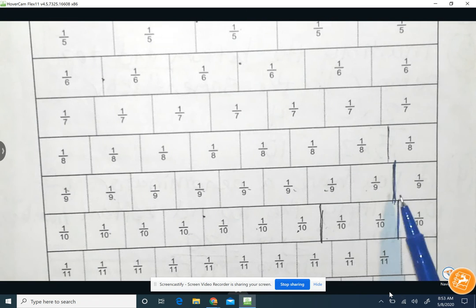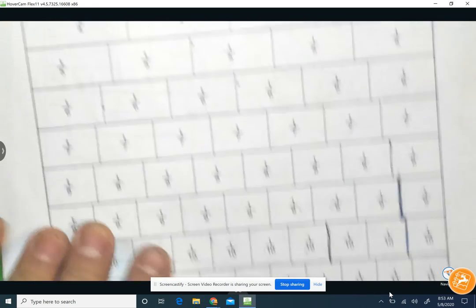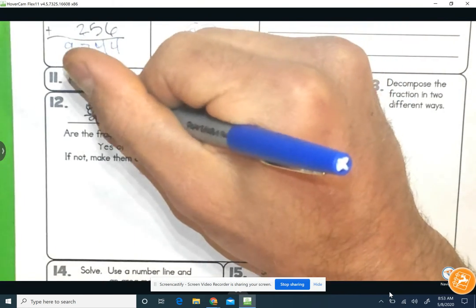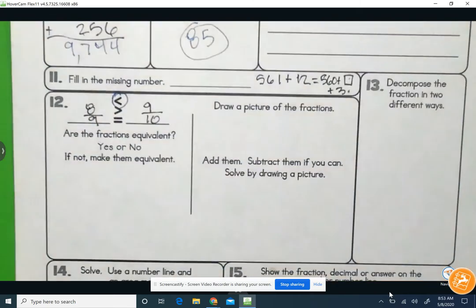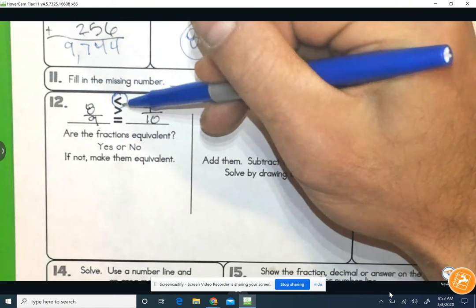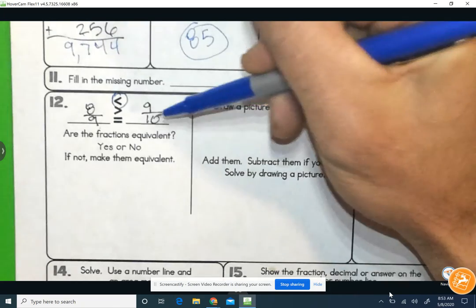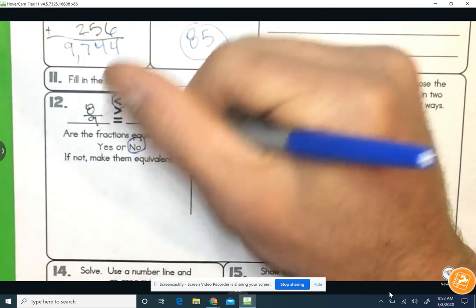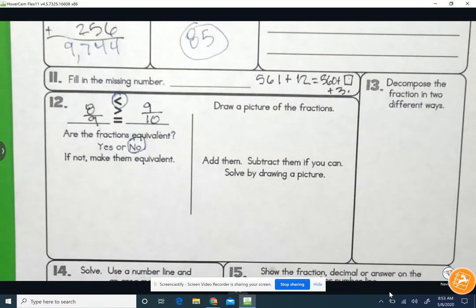And so I know that 9/10 is just barely greater than 8/9. Or reading left to right, 8/9 is just barely less than 9/10.